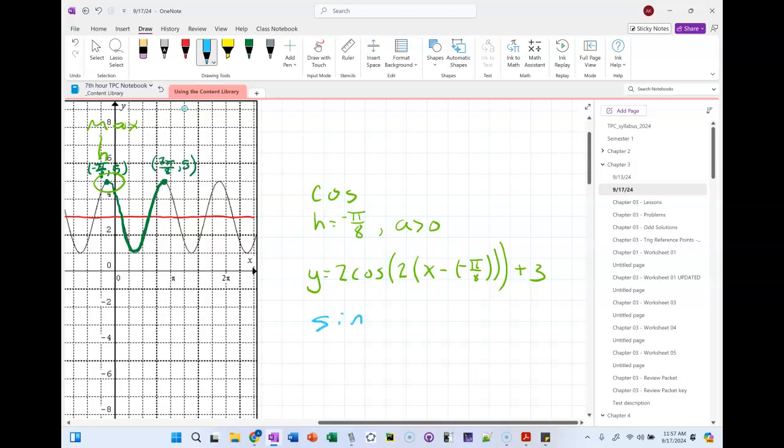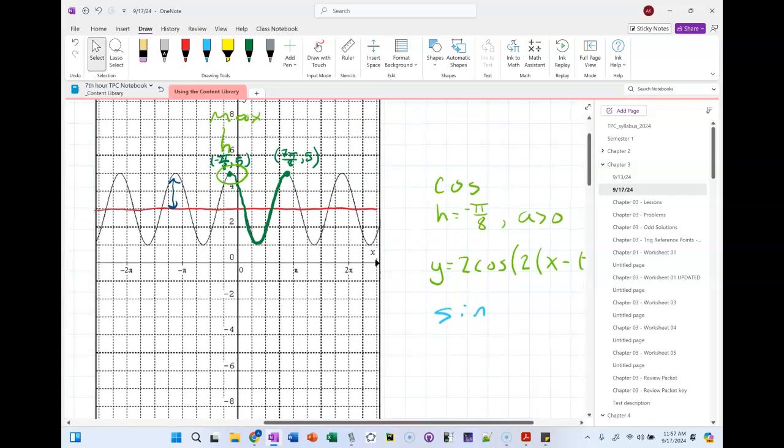To do sine, I need a midline point. So let's say I pick that one. Any midline point is fine, but I'm going to pick that one. Is that okay? So I need to identify the coordinate there. Well, that looks like just half a unit from 0, right?